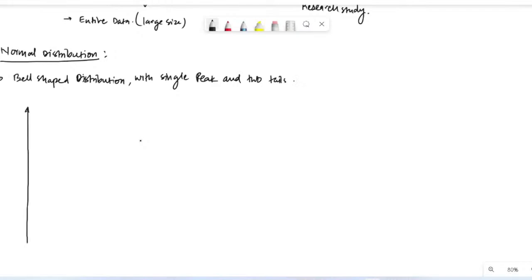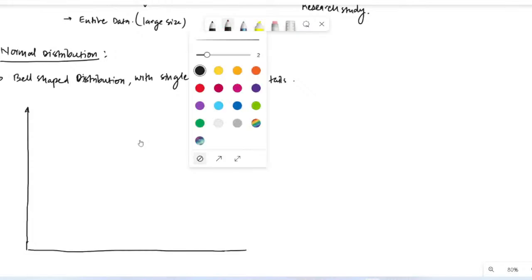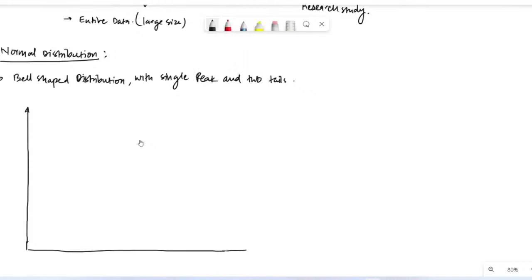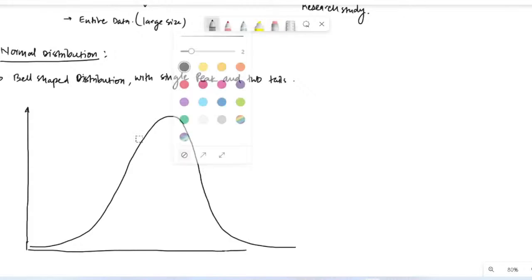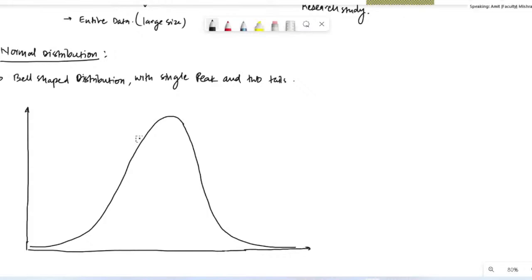Let us look here at the distribution. These are your two tails which are moving towards the infinite side.